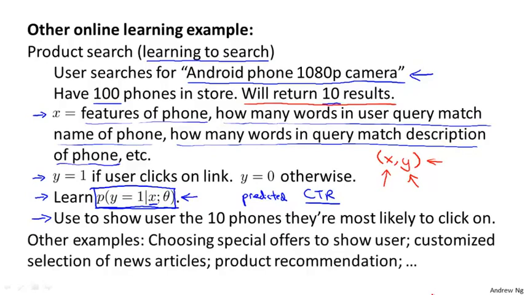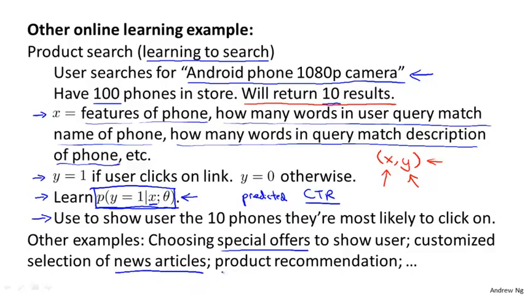So I'll quickly mention a few others. One is if you have a website and you're trying to decide what special offers to show the user. This is very similar to phones. Or if you have a website and you show different users different news articles. If you're a news aggregator website, you can again use a similar system to show the user what news articles they are most likely to be interested in, and most likely to click on.